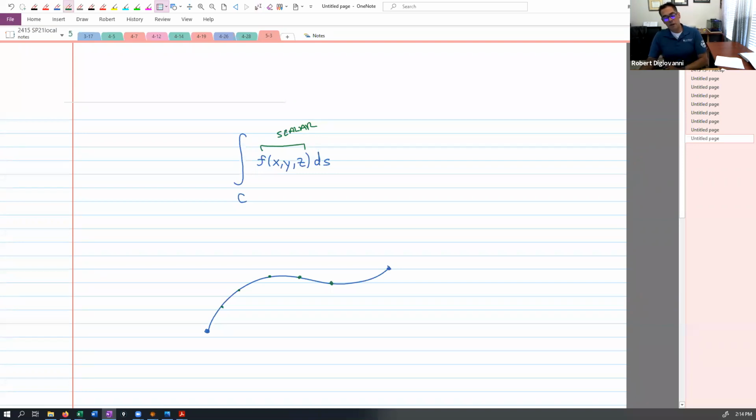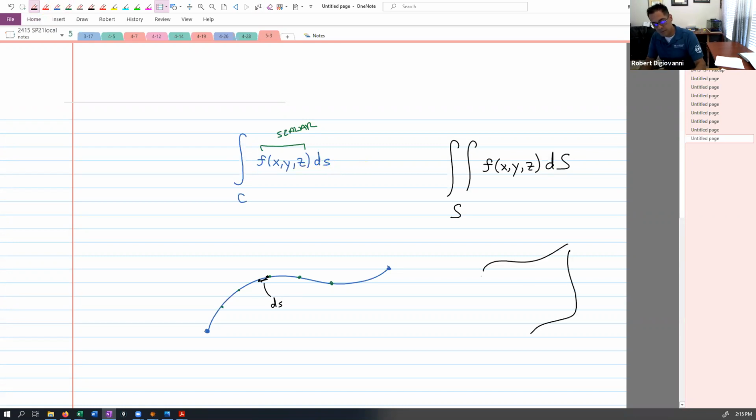Now we've done surface integrals where we have a surface and some scalar function. And this is dS. The little s was like an infinitesimal little arc length. Here, dS is this infinitesimal patch.